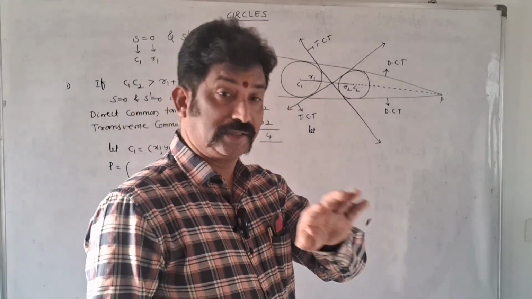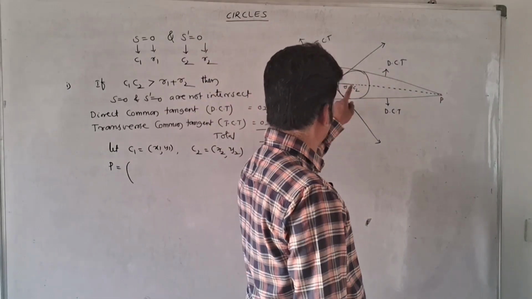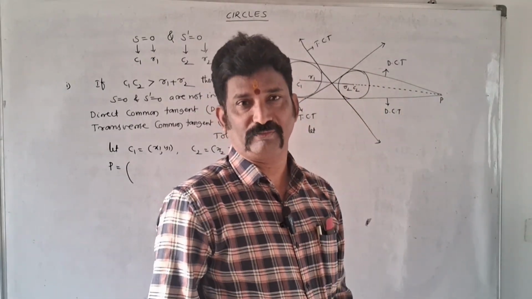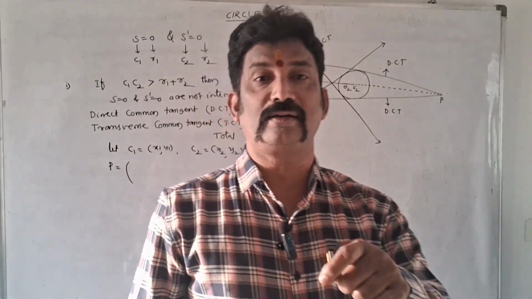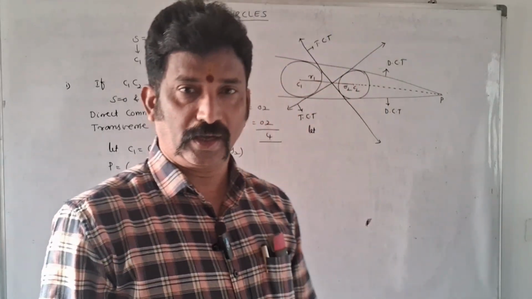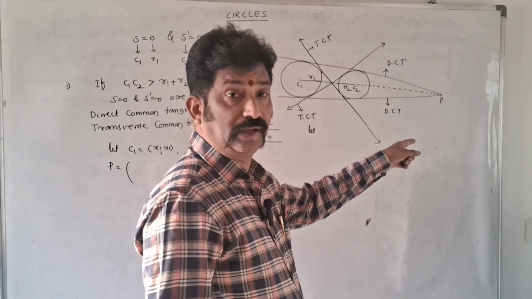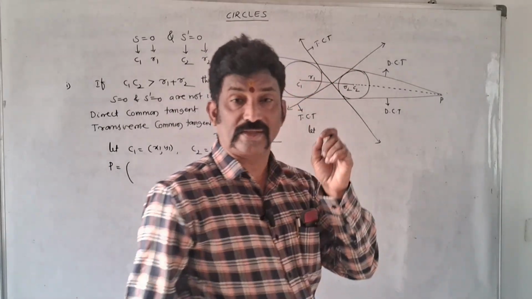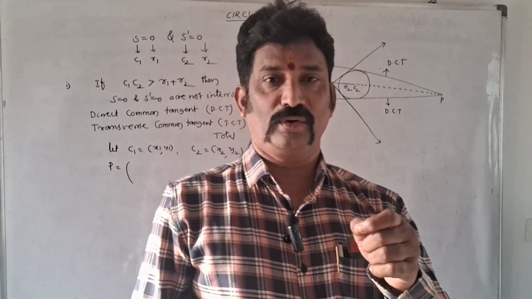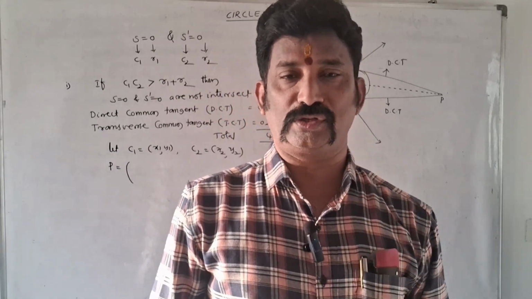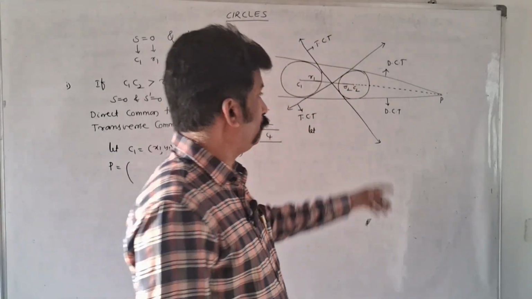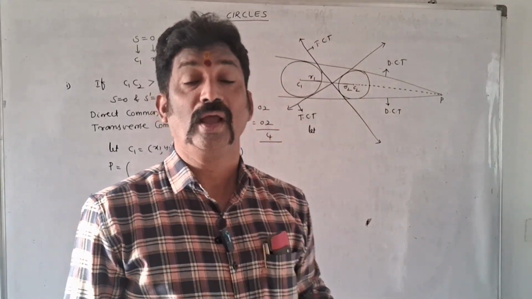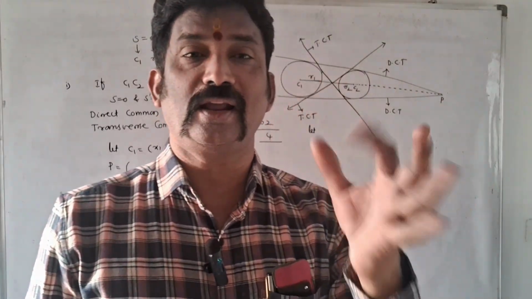Now P is the external center of similitude. That point P does not lie between the line joining the centers; it lies on the extended line of C1C2. That's why it is the external center of similitude. P divides the line joining the centers in the ratio R1 to R2 externally.